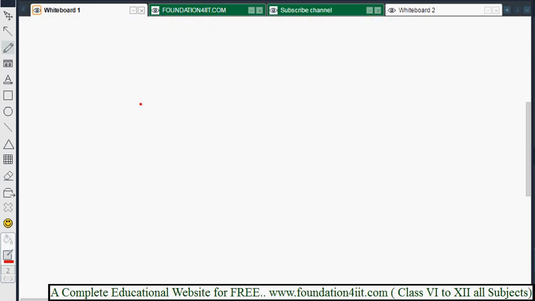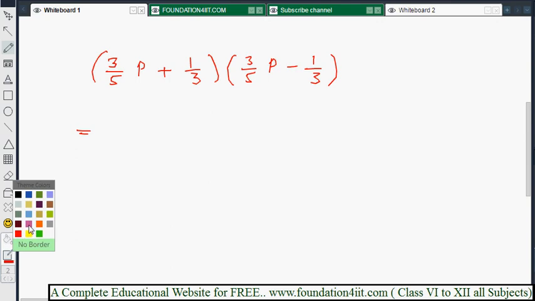Let me explain with one fractional problem also, similar. Find the product of 3 by 5p plus 1 by 3 into the same terms, 3 by 5p minus 1 by 3. The value of this is dash. I'm not writing the identity, we already have it.